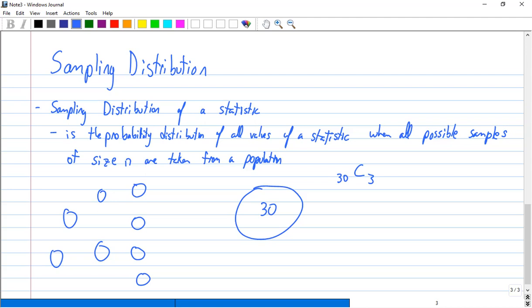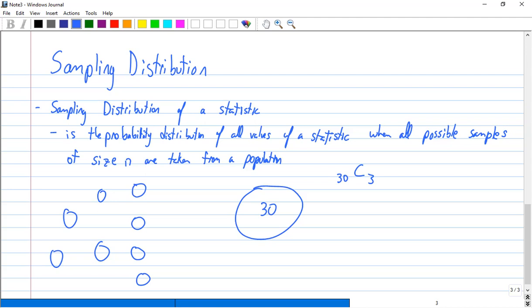And of course it'd be more than I have listed right here maybe, but if you take all of those possible groups of whatever size n I decide, then that would be a sampling distribution.